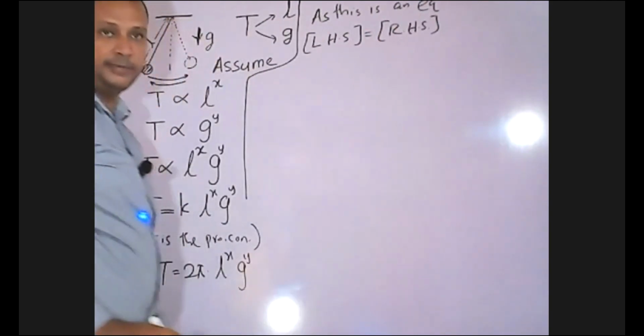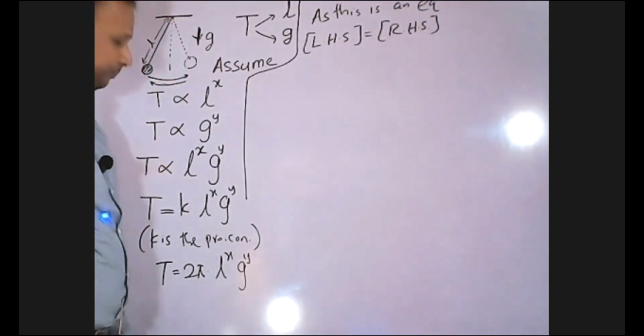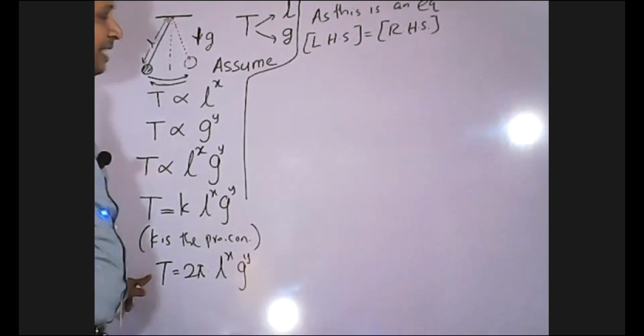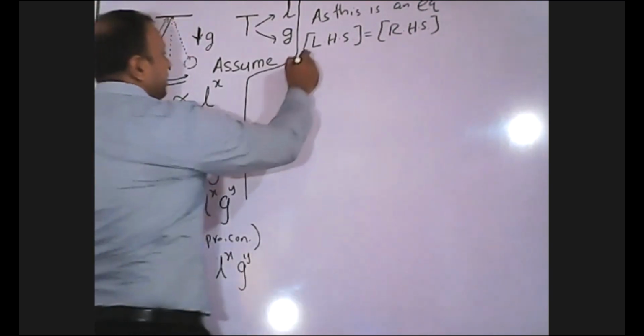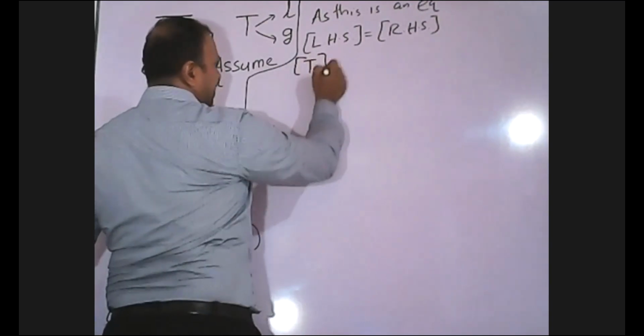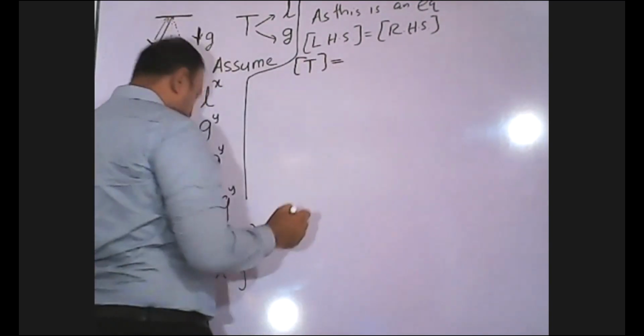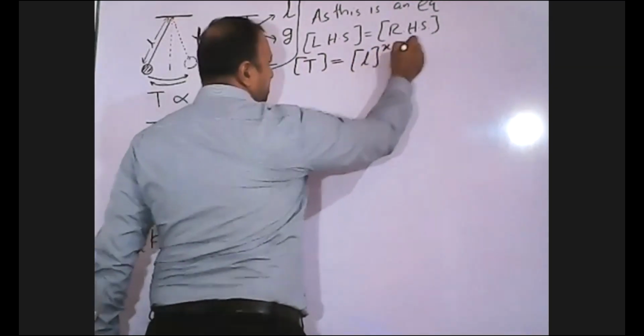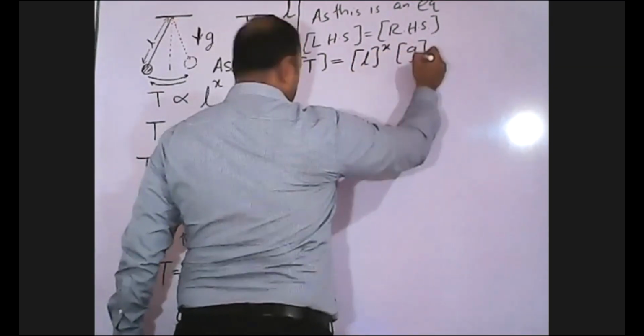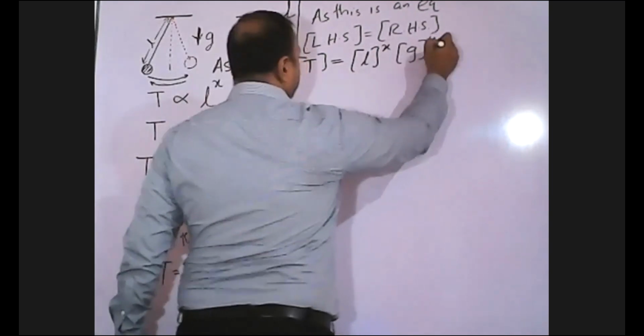LHS means T. The dimension of T is equal to the dimension of L to the power x, G to the power y.